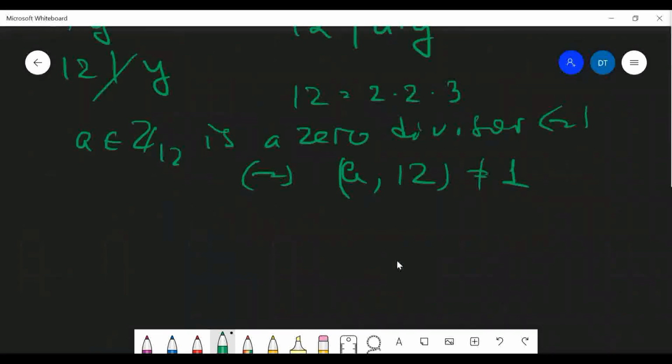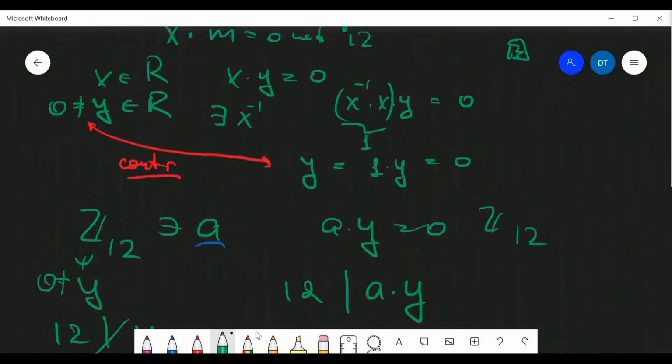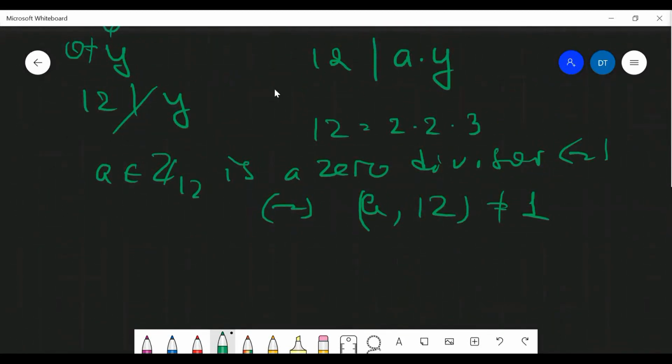We already know the claim from right to left. We have proven that if a and 12 are not coprime, then a is a zero divisor. It was above. But when you want to prove in this direction, you may suppose that a and 12 are coprime, and then it becomes invertible, so it cannot be a zero divisor.